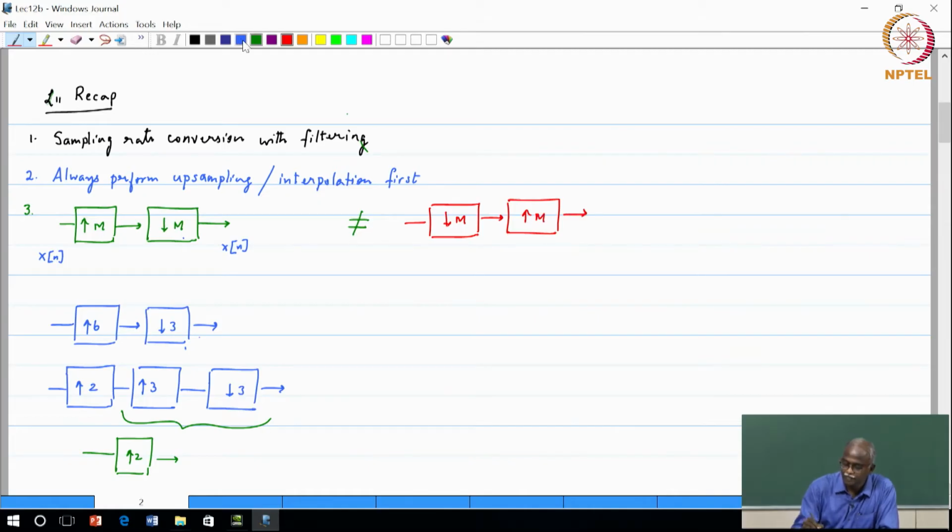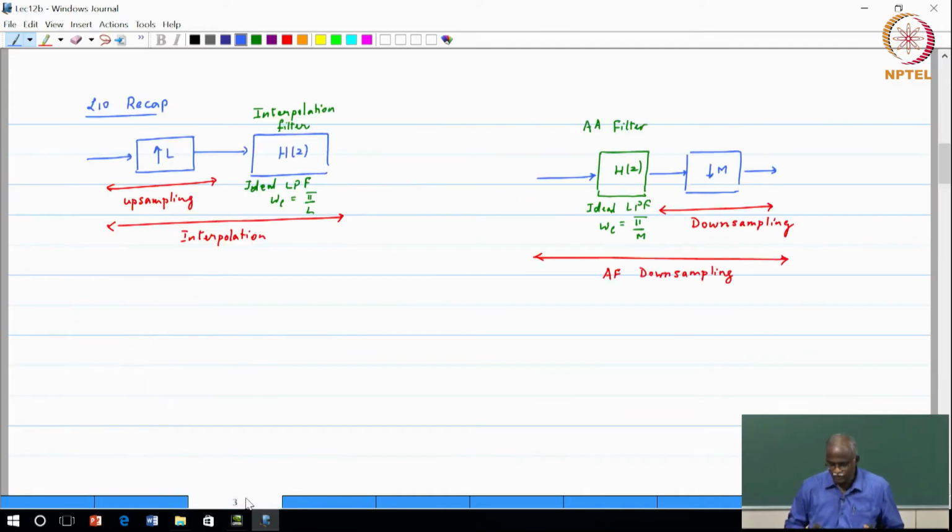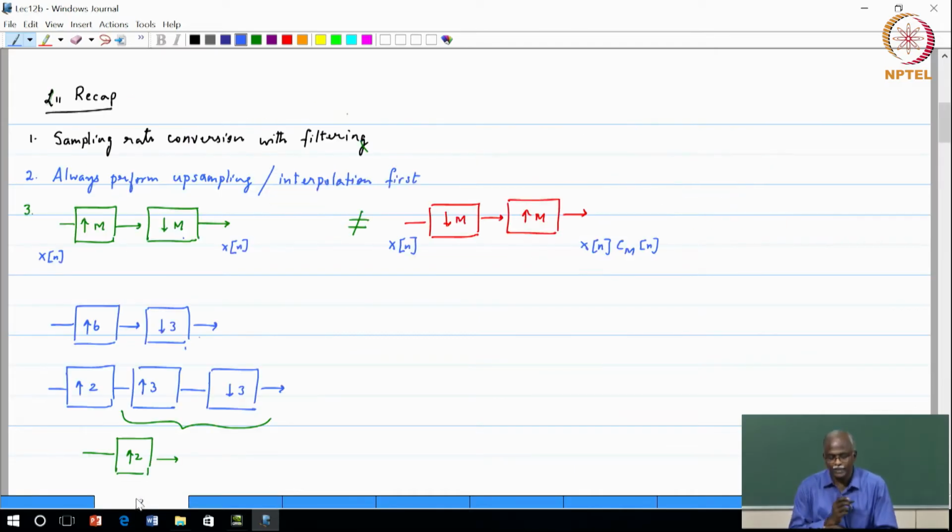In this case, if I had x of n as my input, the output is the input signal multiplied by the comb sequence, and therefore, we made the statement that these two are not the same, but this is a useful way for us to simplify multi-rate structures. When the two of these blocks come side by side, it is an advantage for us to use these results. Okay. So, that is a summary of lecture number 11.